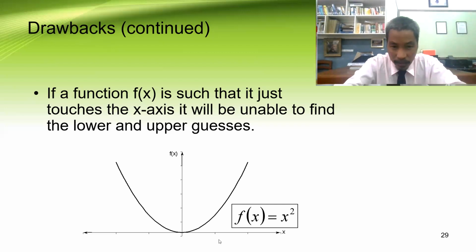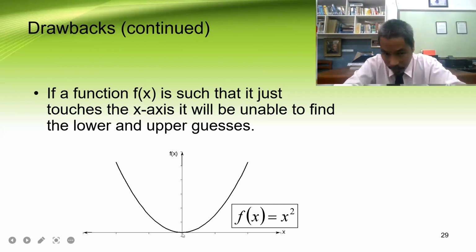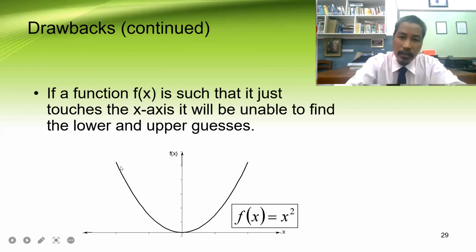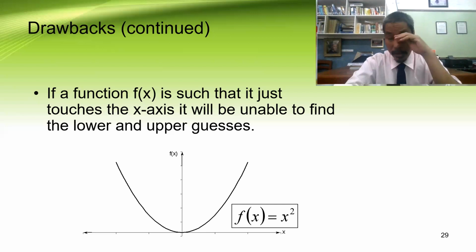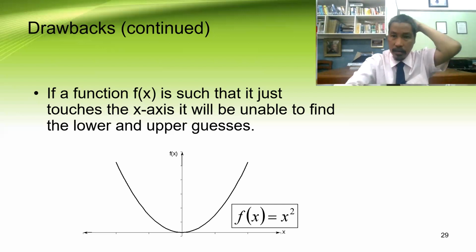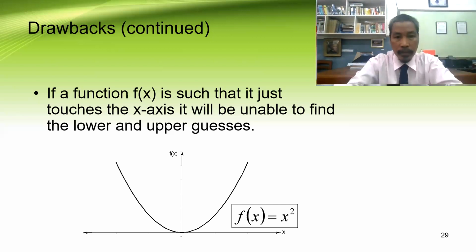Because if you evaluate the function at any given x, from this point to this point, they are all positive. From this point downwards on the negative side, it is always positive because it is going up. Positive here, positive here. All of the values of the function are positive. How can you evaluate this? You cannot satisfy the theorem. So that's why it is unable to solve some of the problems.